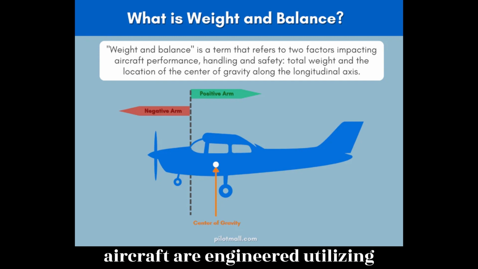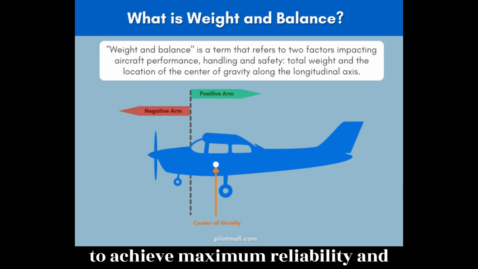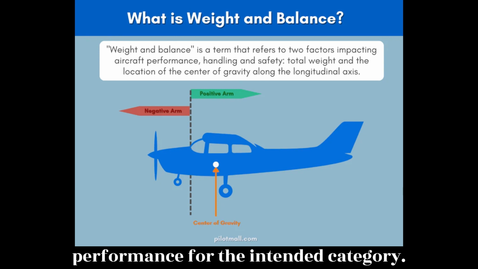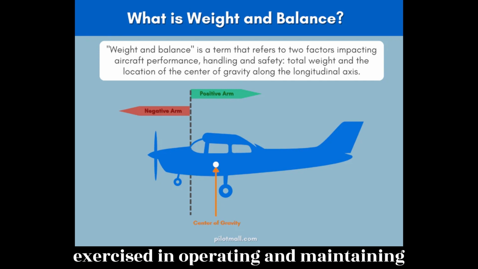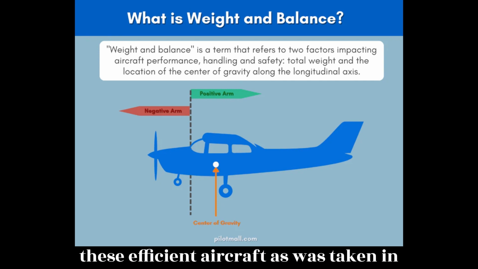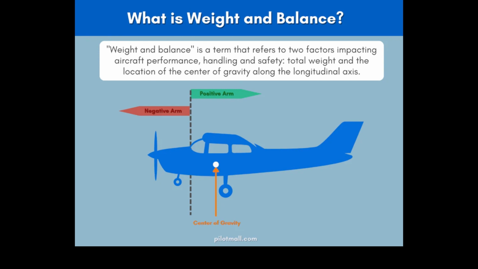Modern aircraft are engineered utilizing state-of-the-art technology and materials to achieve maximum reliability and performance for the intended category. As much care and expertise must be exercised in operating and maintaining these efficient aircraft as was taken in their design and manufacturing. 1.